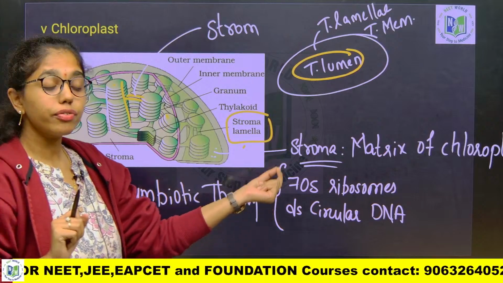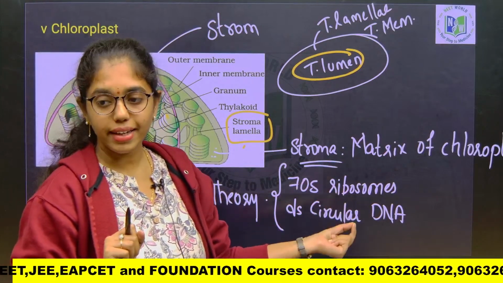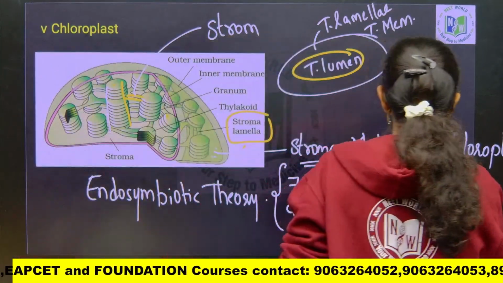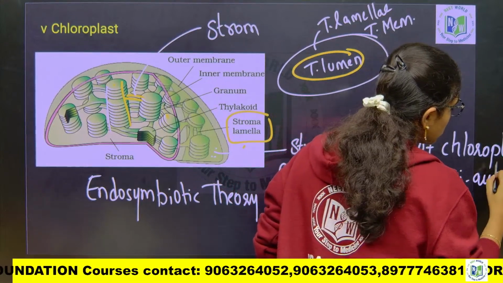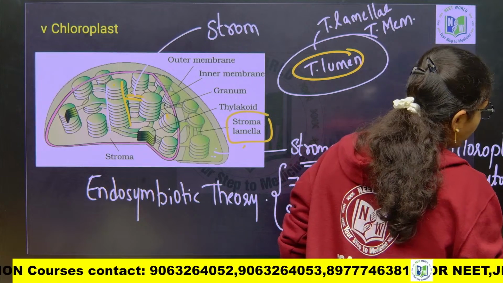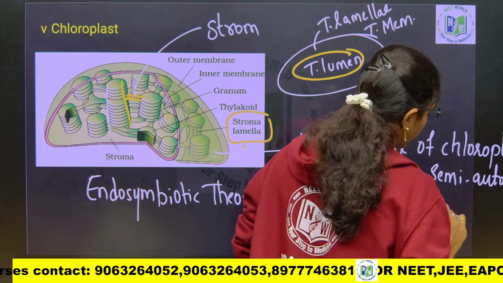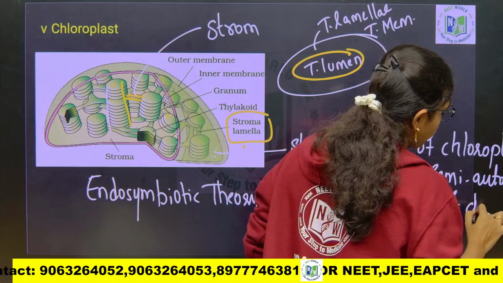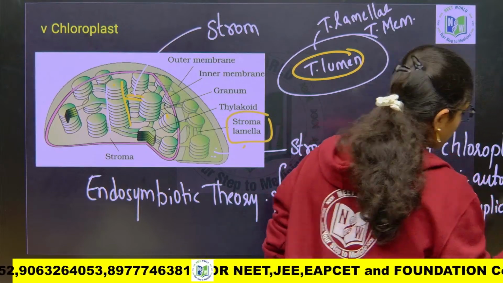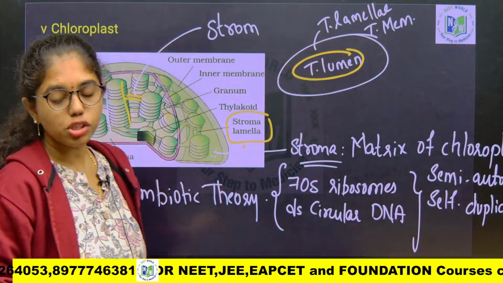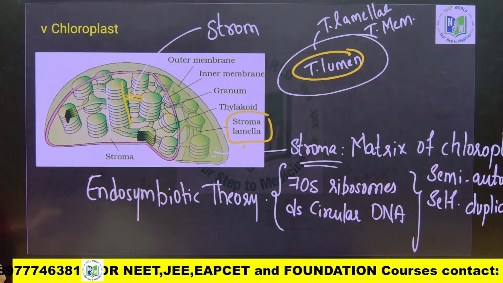And they have their own double stranded circular DNA, that is why they are called as what? Semi-autonomous cell organelles, semi-autonomous or self-duplicating cell organelles.